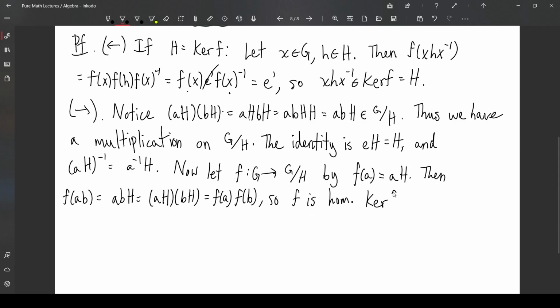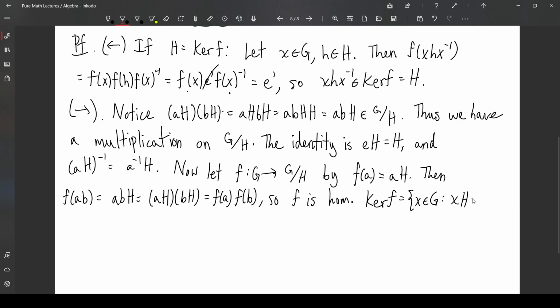The kernel of f consists of x in G such that f of x is the identity, right? The identity is just the coset corresponding to H, right?